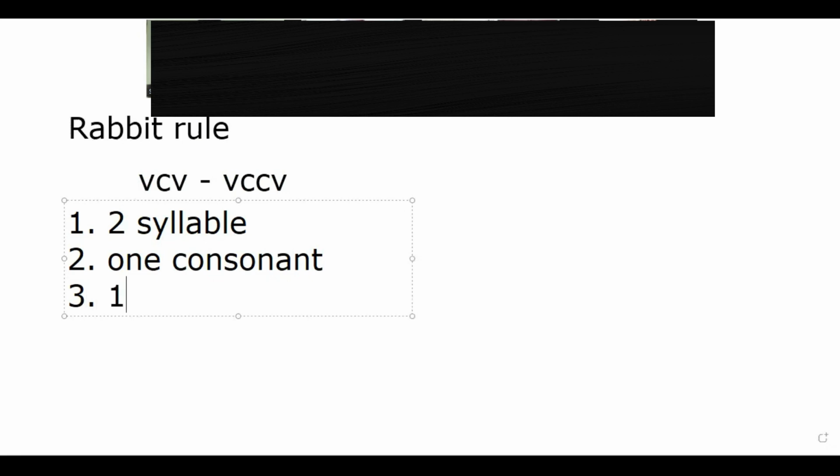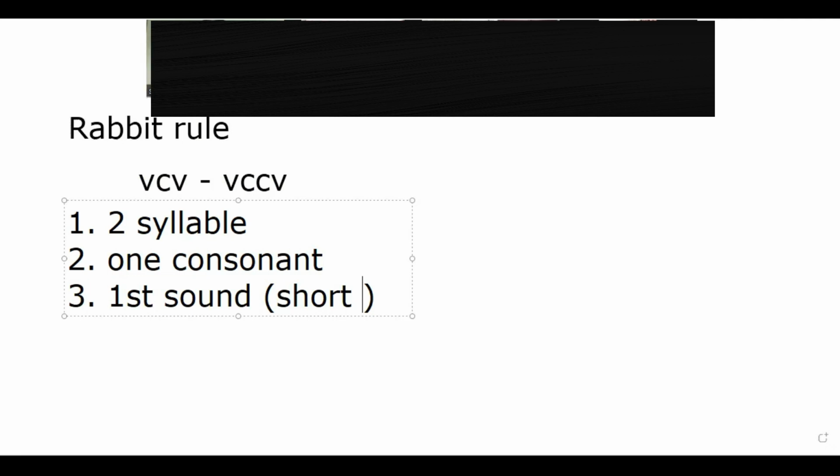So, if the word has two syllables and in between the two syllables we have only one consonant sound, then we have to check the first syllable. The first vowel sound must be short. The second vowel sound can be long or it can be a schwa sound. Anything it can be, no problem.